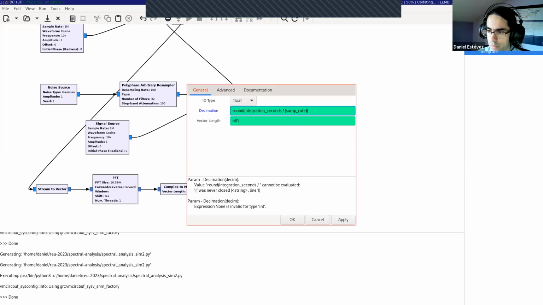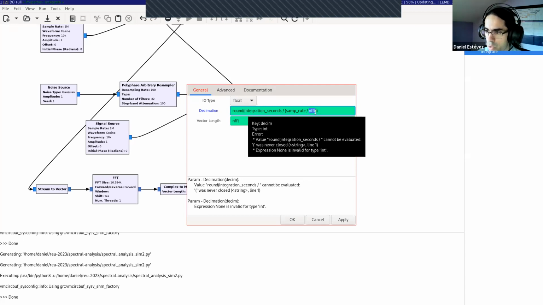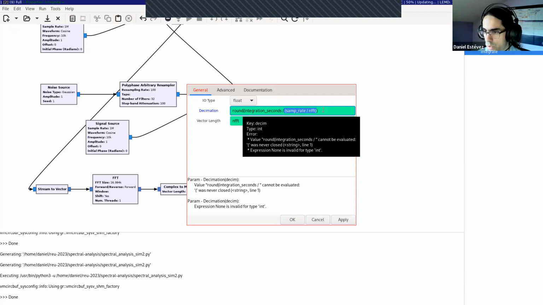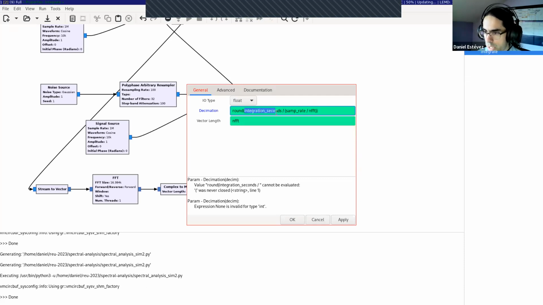So initially we'll have 1 million samples per second, but we need NFFT of those samples to do an FFT. So the rate at which FFTs are calculated is sample rate divided by NFFT per second. So if I want to do integration seconds, I need to do integration seconds divided by this rate to know how many FFTs I need to add together to have 5 seconds worth of data.